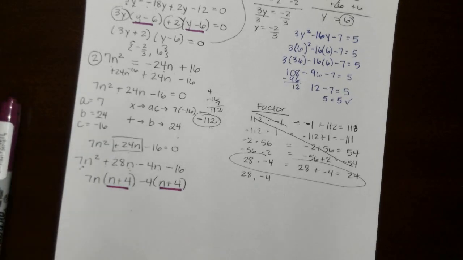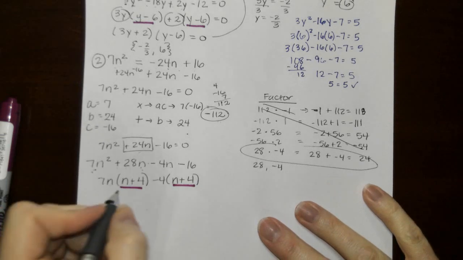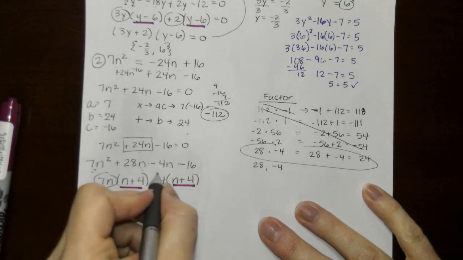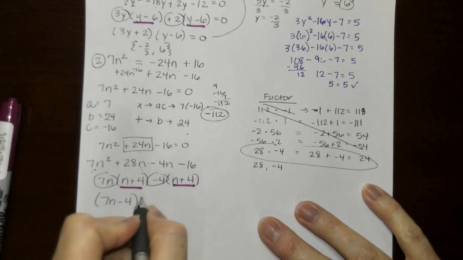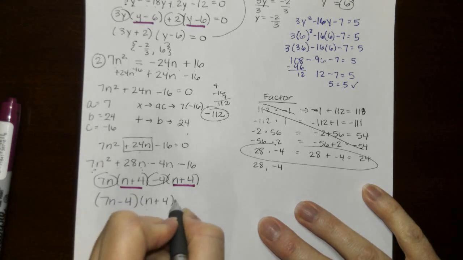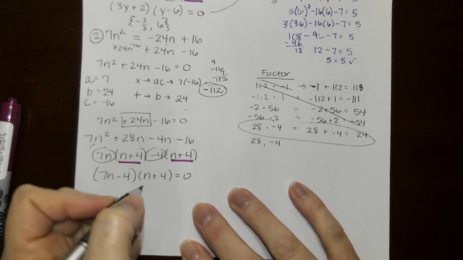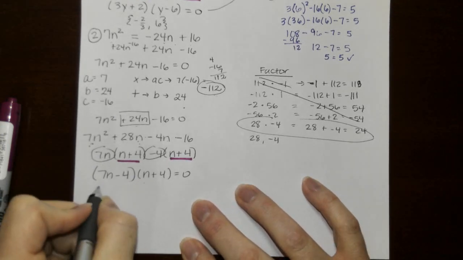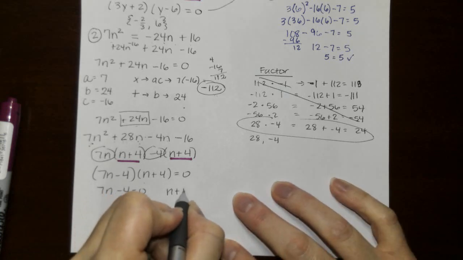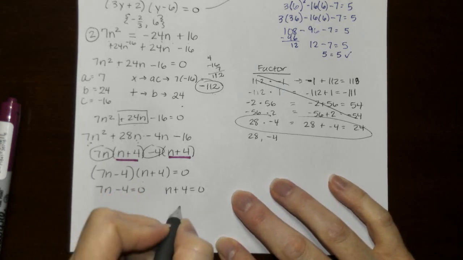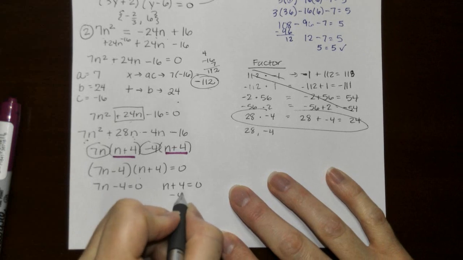Okay. So when we write it, we have 7n minus 4 and n plus 4 equal to 0. So now I set each parentheses equal to 0 and solve. I'm going to do n plus 4 equals 0 because it's just easier for me. Subtract 4.